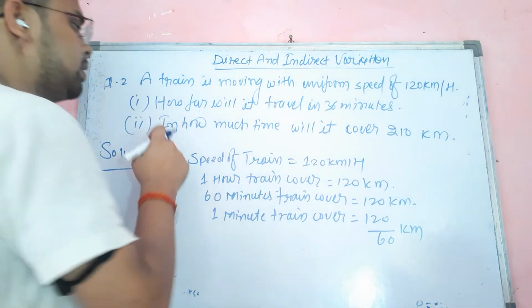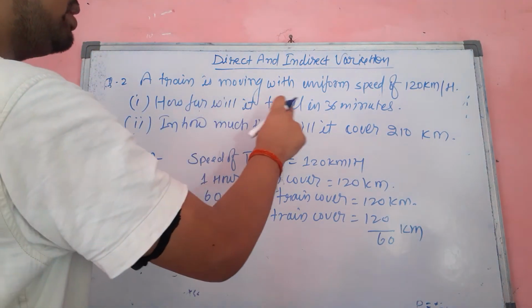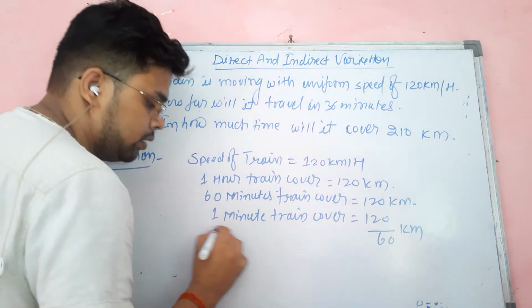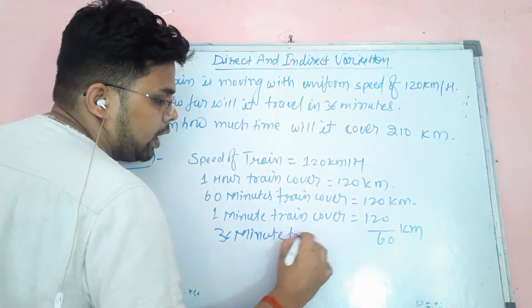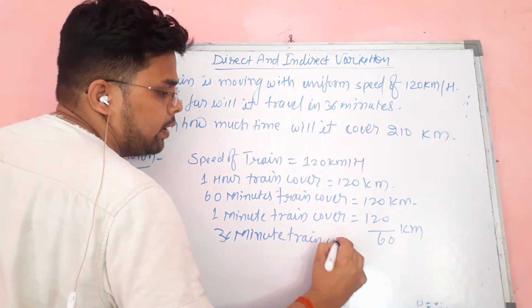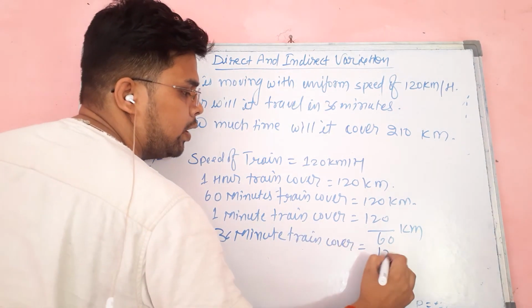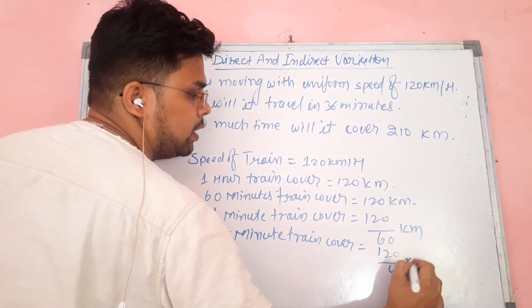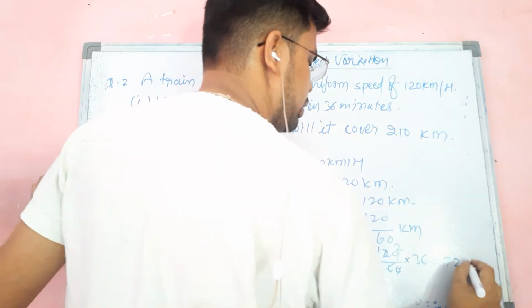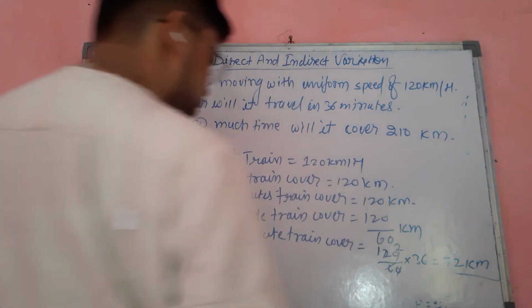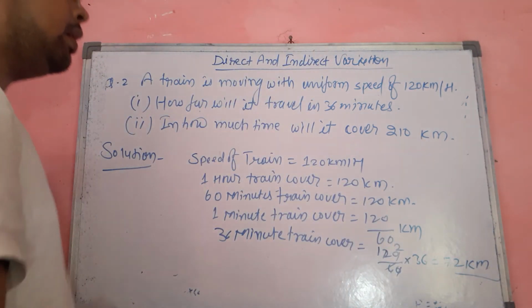But the question is asking how far will it travel in 36 minutes. So in 36 minutes the train covers 120 upon 60 into 36. 6 twelves is 72 km. So in 36 minutes the train will cover 72 km.